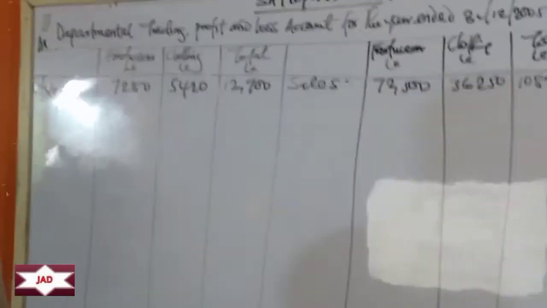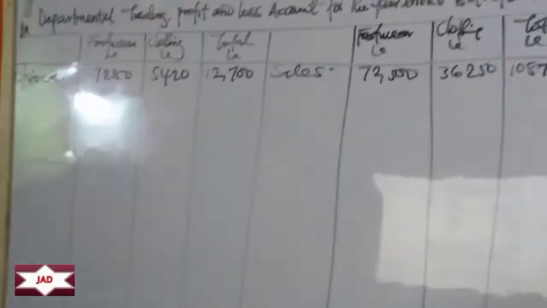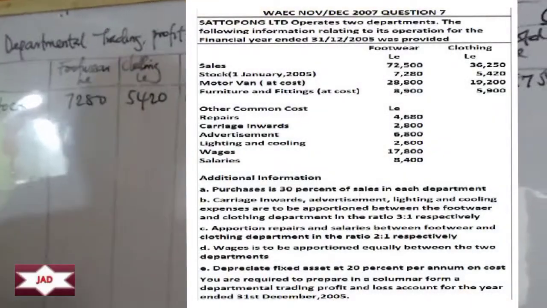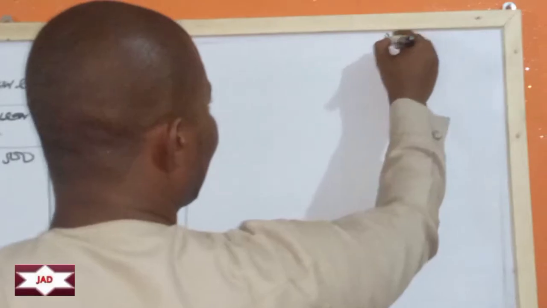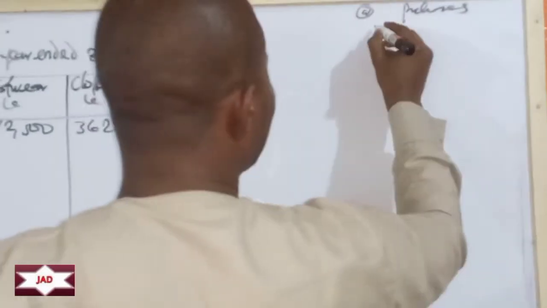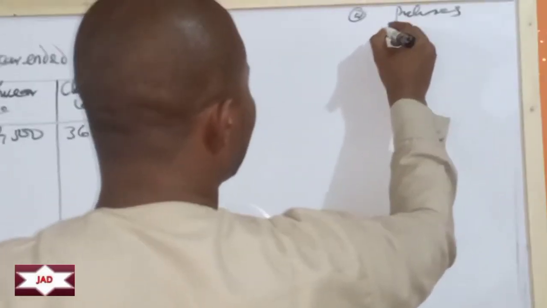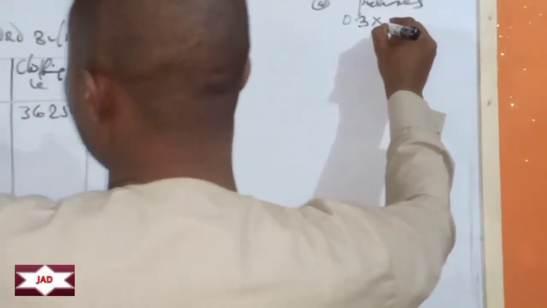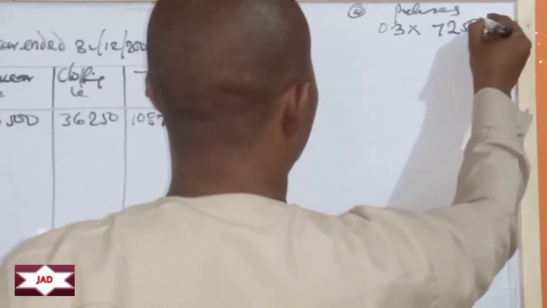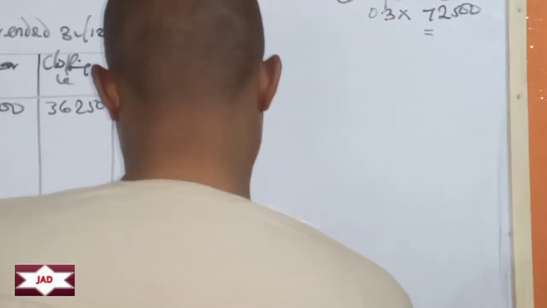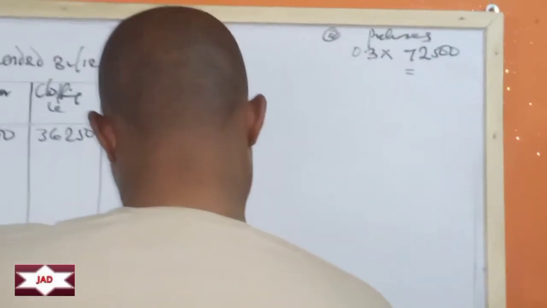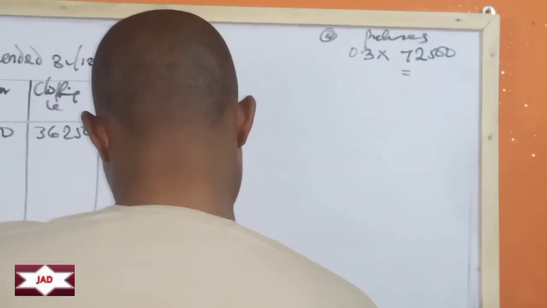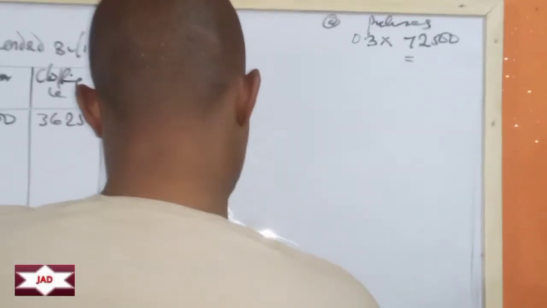So purchases, that's 30% of sales. That's 0.3 times footwear, 72,500.